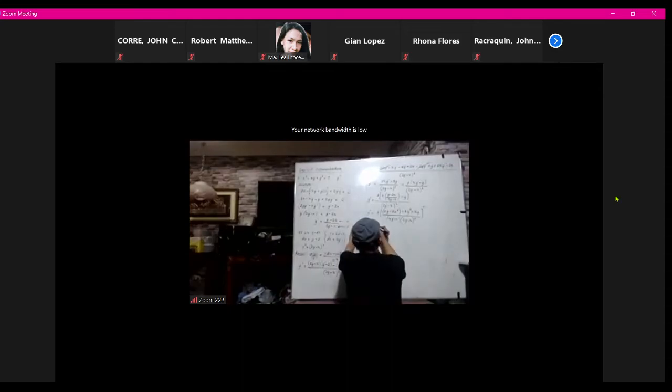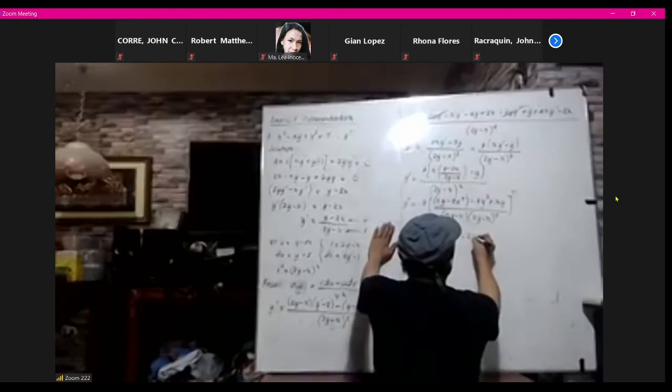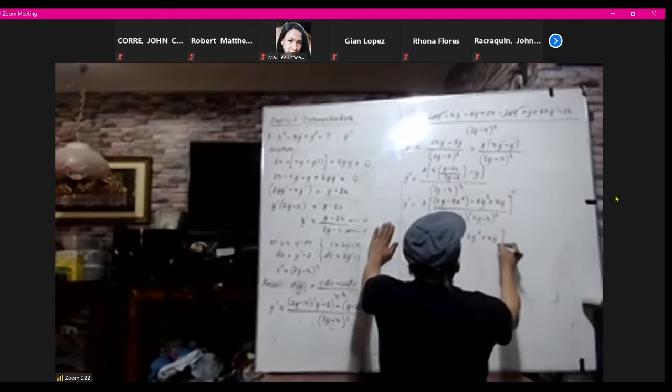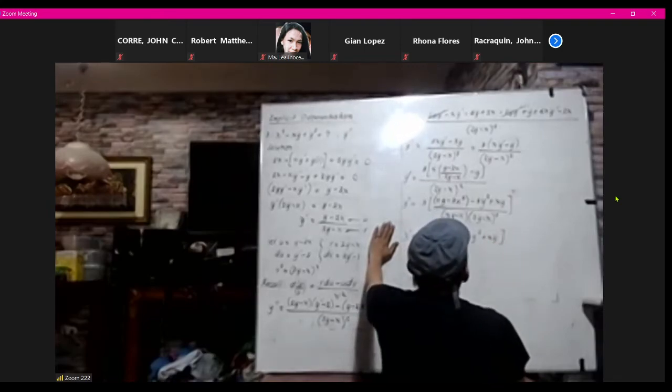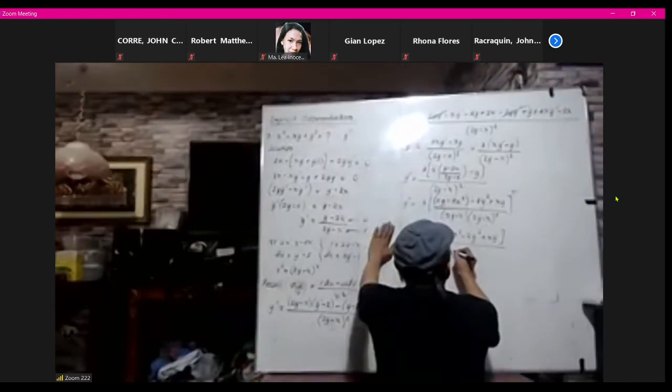Second derivative equals 3 times xy minus 2x squared minus 2y squared plus xy, all over, pares siya, 2y minus x cubed.